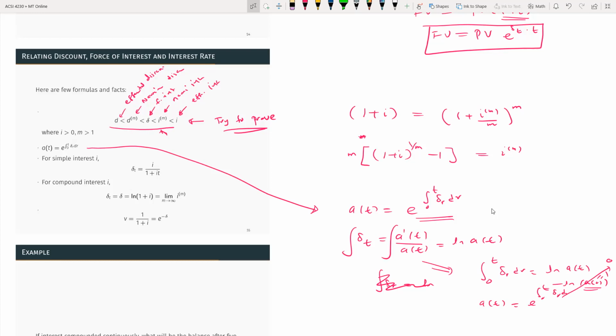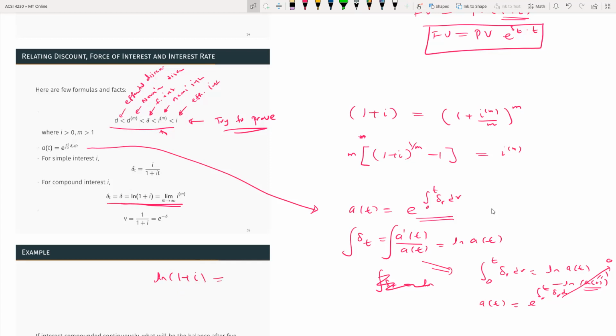So in here you can see, for compound interest, delta is the limit as m goes to infinity of i(m). That's another way to define delta. So if you look at this, what's log(1 + i)?